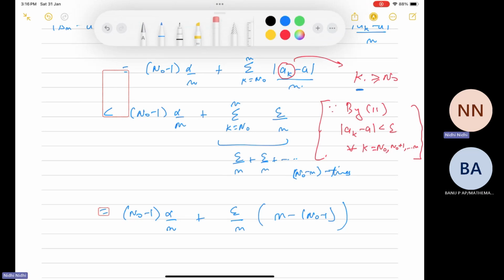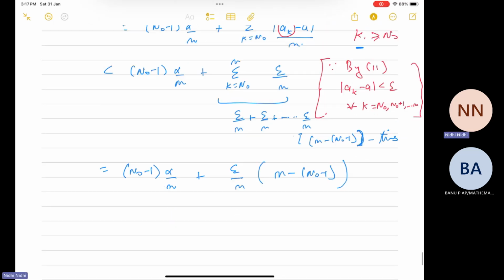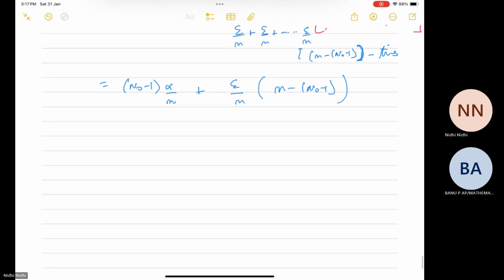So this will be n minus n naught minus 1, and this is less than or equal to n naught minus 1 alpha by n plus epsilon by 2.